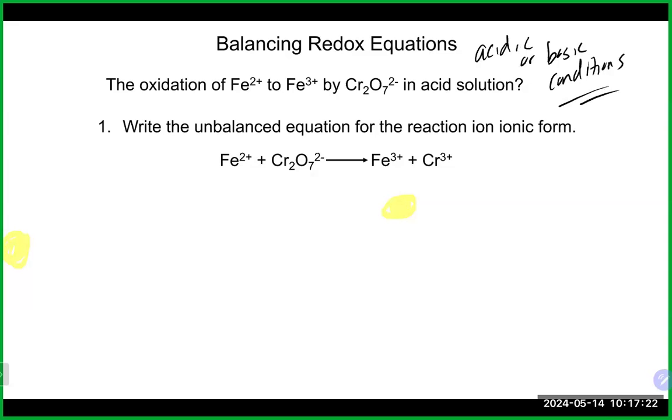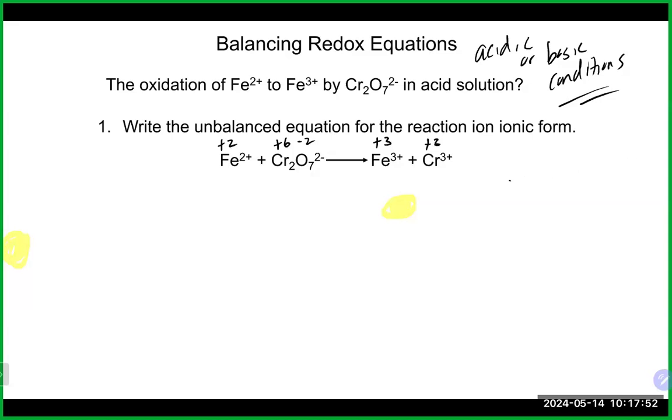So really the first thing, if we look at this here, our iron 2 plus and our dichromate, one of the first things you want to think about is what is being oxidized and what is being reduced. If we look at the iron here, it has a +2 charge. Iron on the other side is +3. We just did this guy, that is +6 for our chromium, -2 for our oxygen, and +3 for our chromium on the other side in terms of oxidation states.